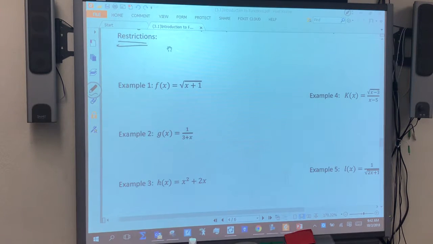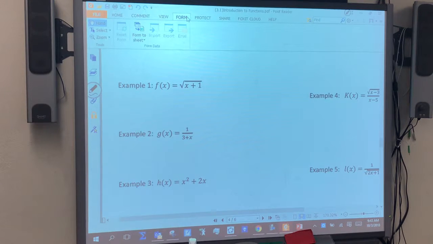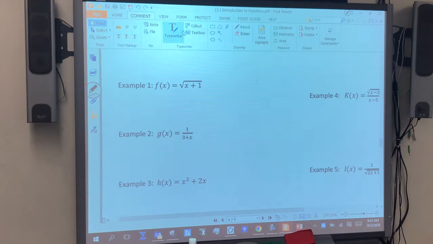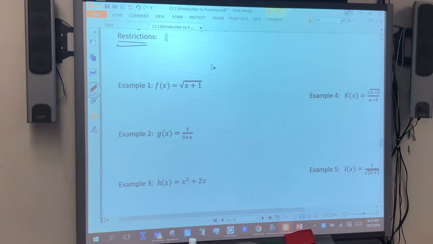Basically saying that whenever a function is presented to me and I want to determine its domain algebraically, this is kind of the process that you go through. Okay?